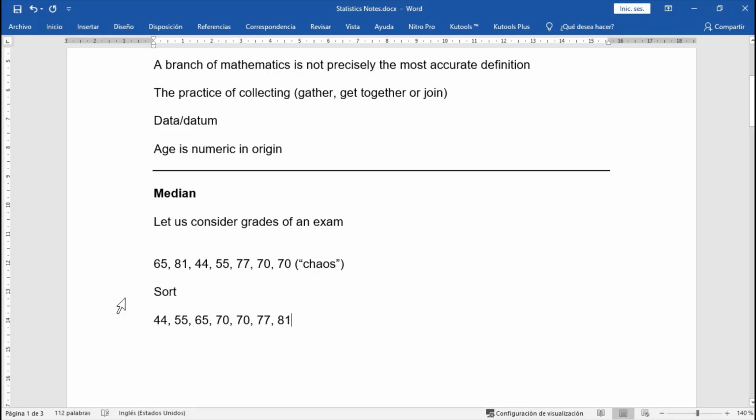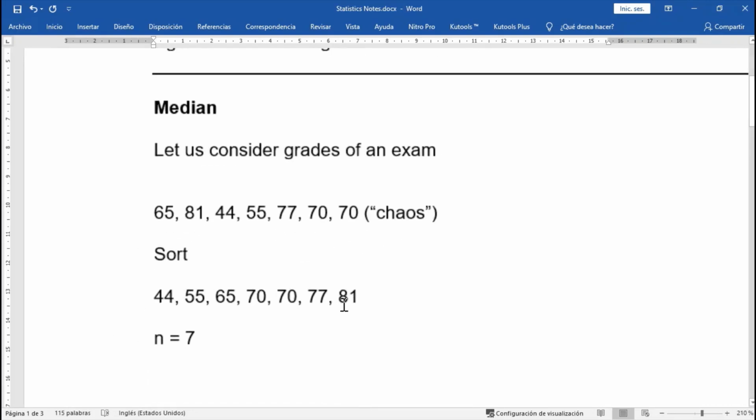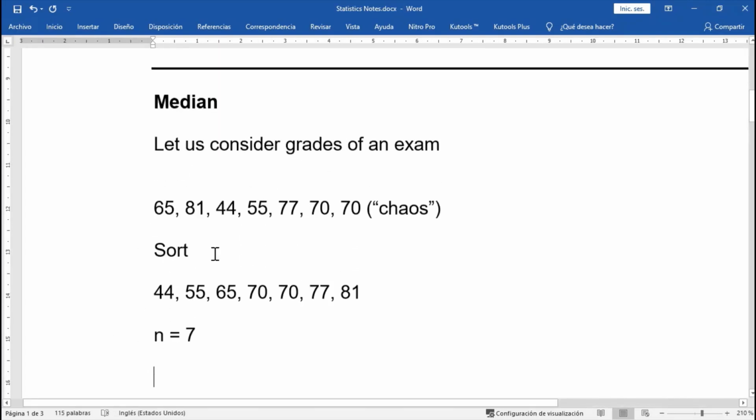And there we go. Just checking. Yes, we have 1, 2, 3, 4, 5, 6, 7. So we are going to use n to represent the number of values, right? I'm going to amplify a little bit here. So those are the parts, right?